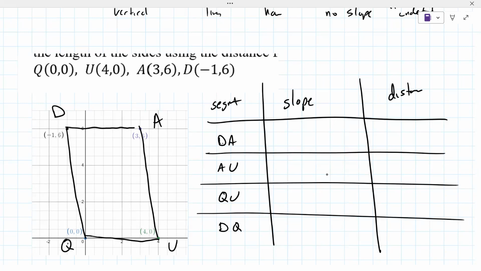Go ahead and tell me the slope first. 0/8, which is really 0.